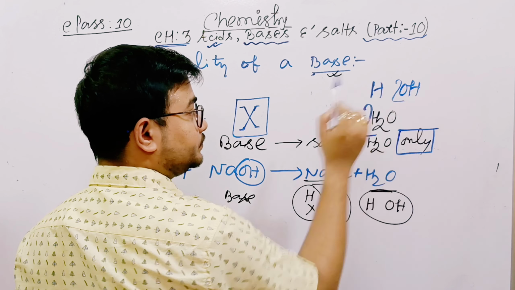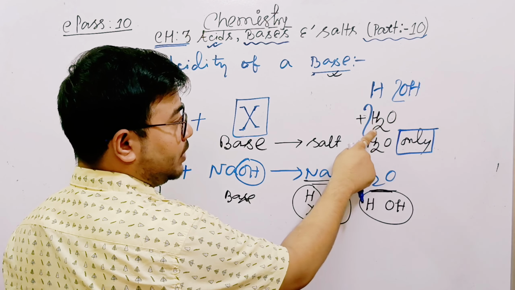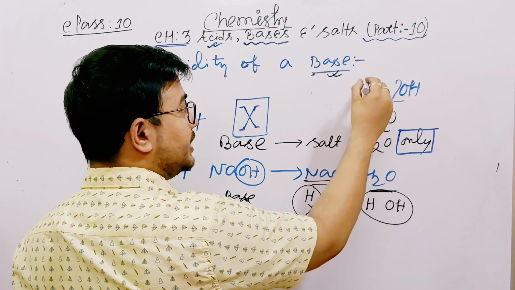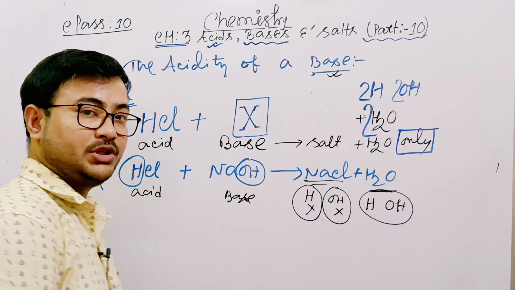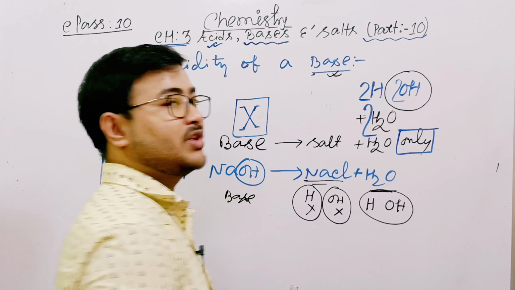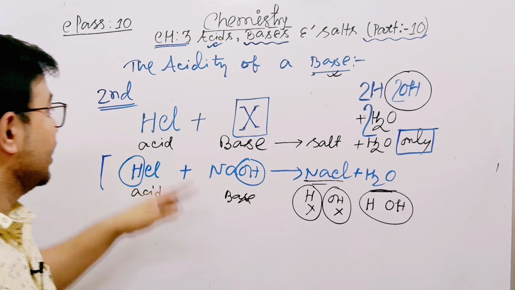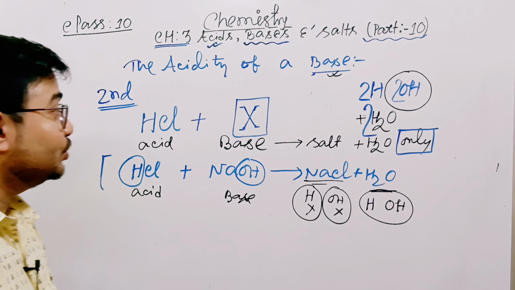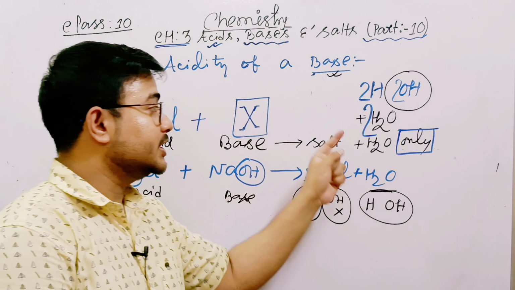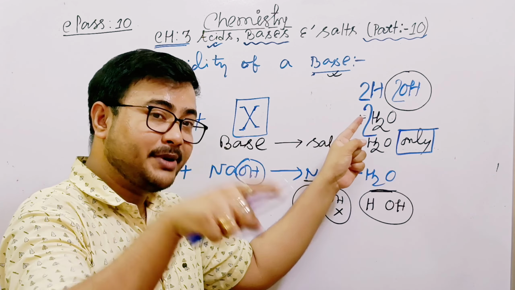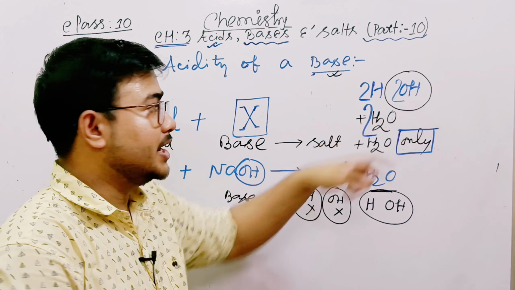So give 2. 2O done. Okay, now what is the number of H? 4. So already 2H done here. Remain 2H here. So tell me what is the number of OH ion that will form in that case? 2OH.